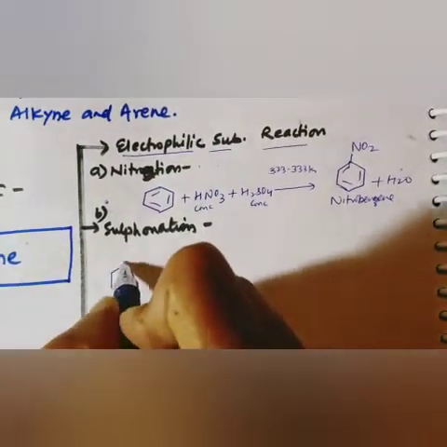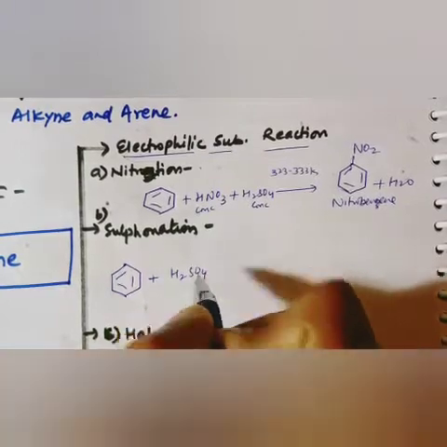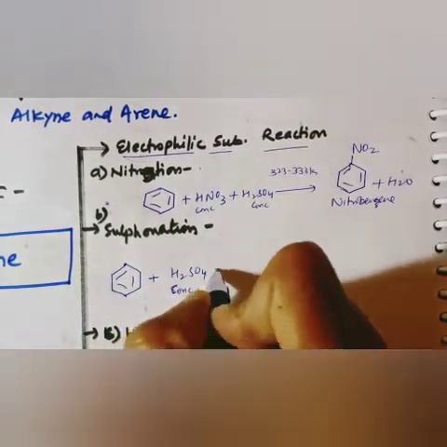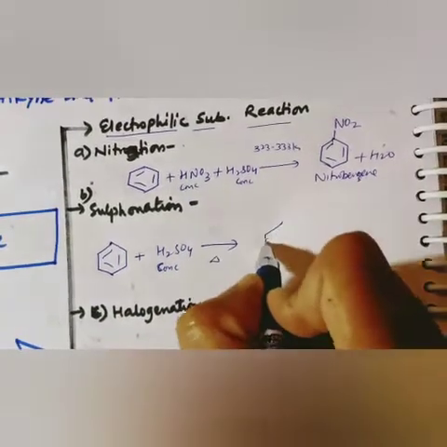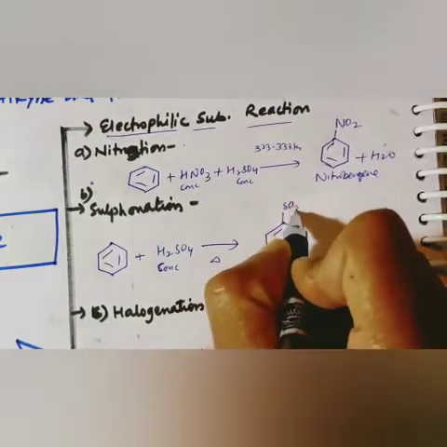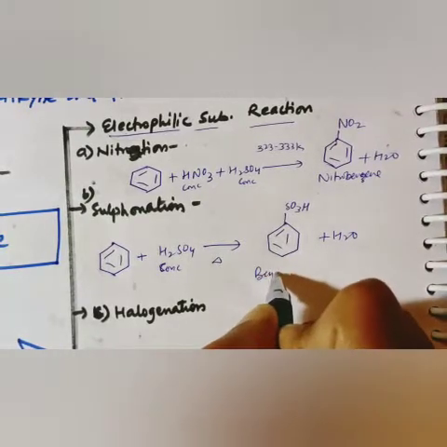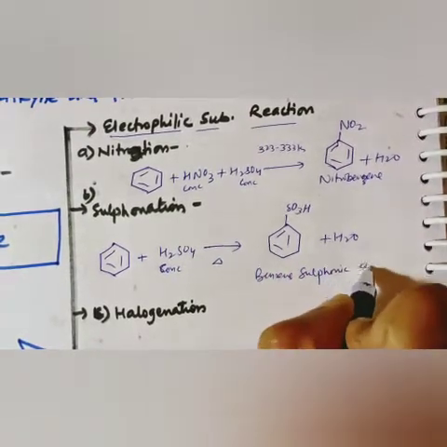Similarly, sulfonation: again take benzene, in the presence of concentrated H2SO4, on heating it will change into SO3H, which is called benzene sulfonic acid.